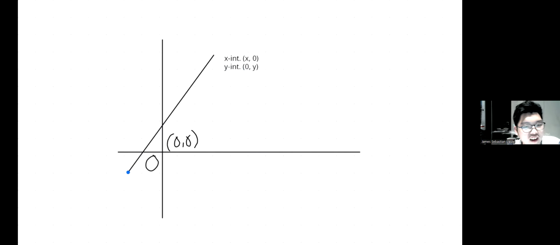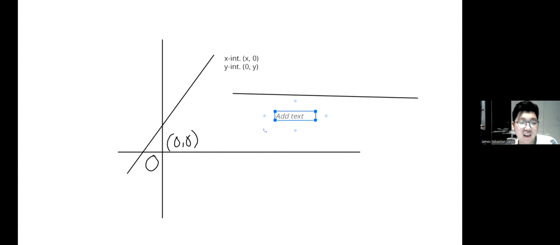Back to a straight line, right? We will now define, say there is a point A at the end of the line and a point B at the other end of the line. Right.